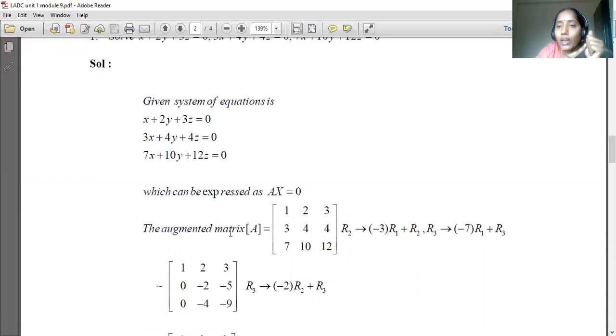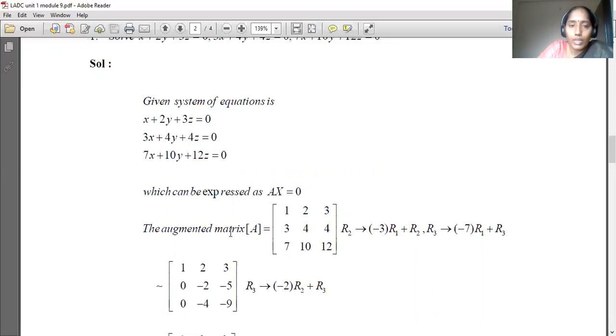Rank is equal to the number of non-zero rows in the echelon form. Find the rank of the coefficient matrix, and n is given in the equations, that means the number of unknowns. Identify the relation between n and r. Based on that, give the conclusion of this problem, and state what type of solution exists.